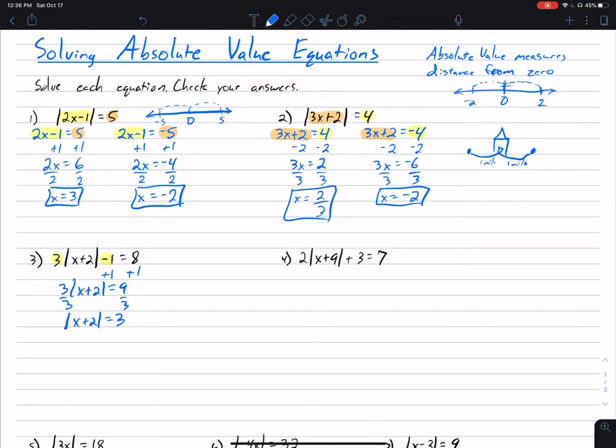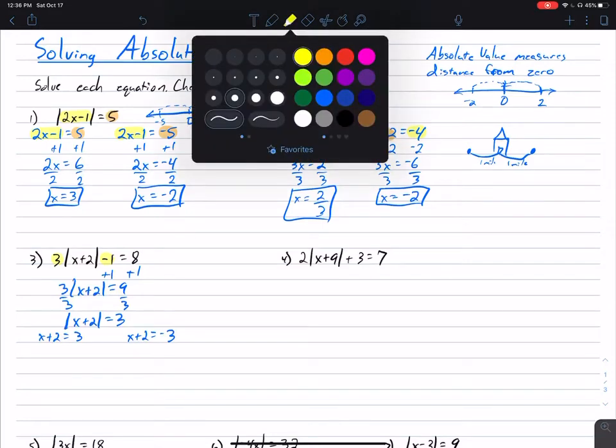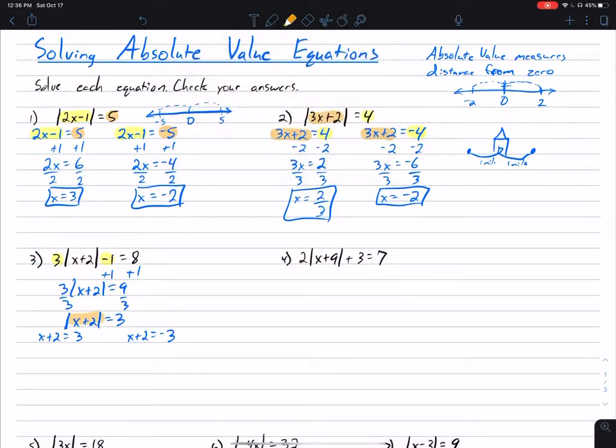And now I can set up my two equations. But again, it's absolutely critical that you get the absolute value isolated before you do your two equations. If you don't, you're going to get the answers incorrect. So subtract 2, x would be equal to 1.